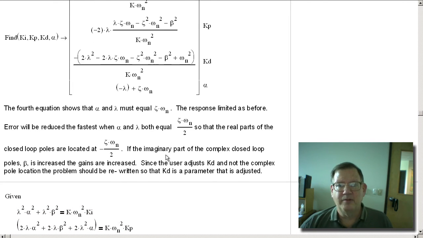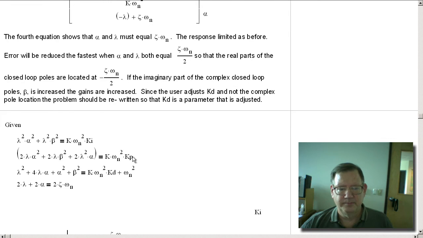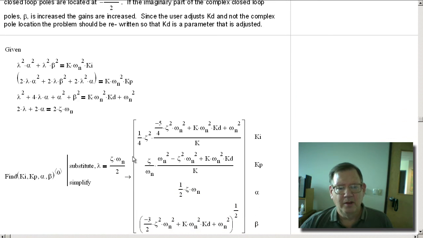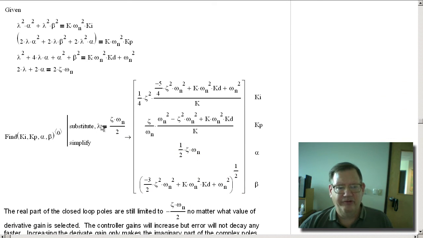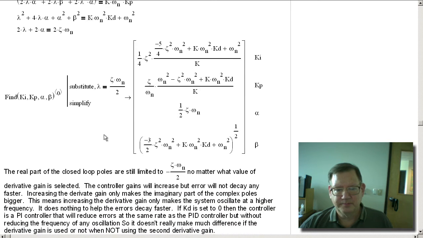And again, if you want the best response, both real parts have to be at minus zeta times omega divided by 2. And if I do a substitution, you can see alpha is going to be the same as lambda here, and that's going to be 1/2 zeta times omega.